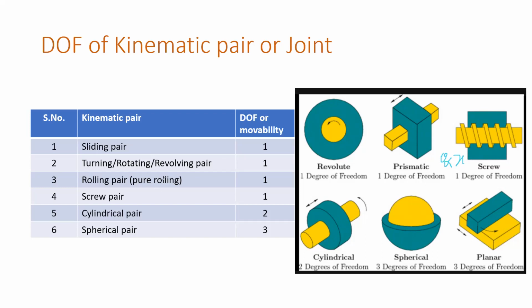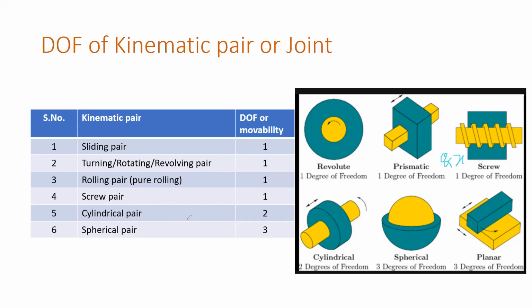That's why a rolling pair will also have a single degree of freedom, because only turning happens in rolling. The only thing is that the point of contact changes. But if it is said that with rolling, slipping is also happening, then you will modify the degrees of freedom to 2. Next, the screw pair we discussed.